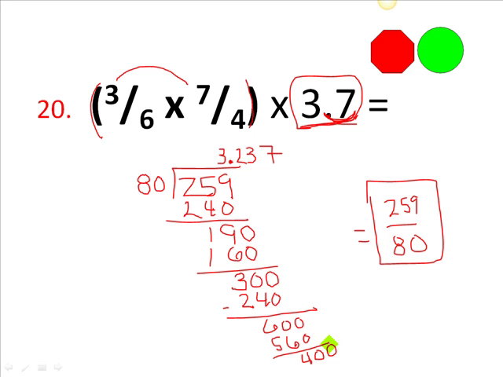And let's see, 5 times 80 is 400. And so we do the subtraction, we wind up with 0. So our answer is 3.2375.